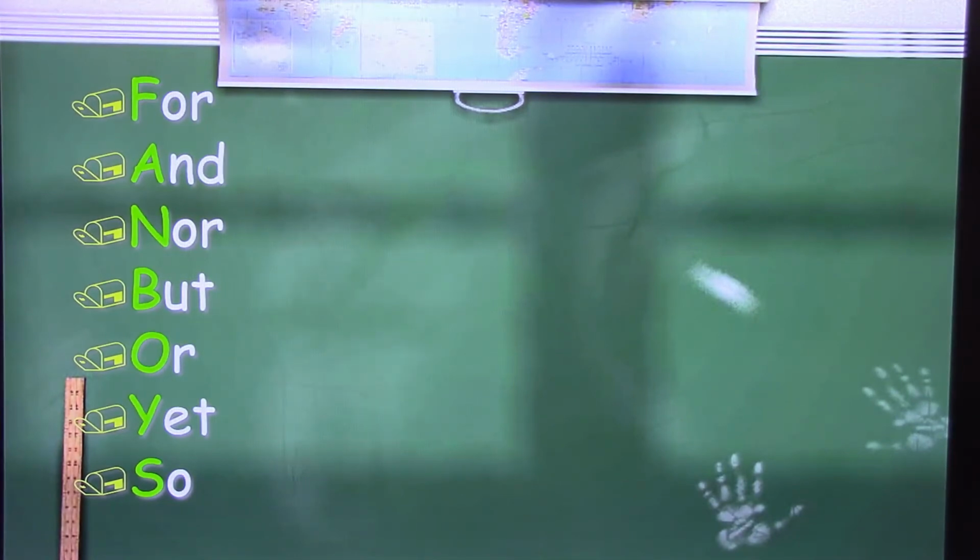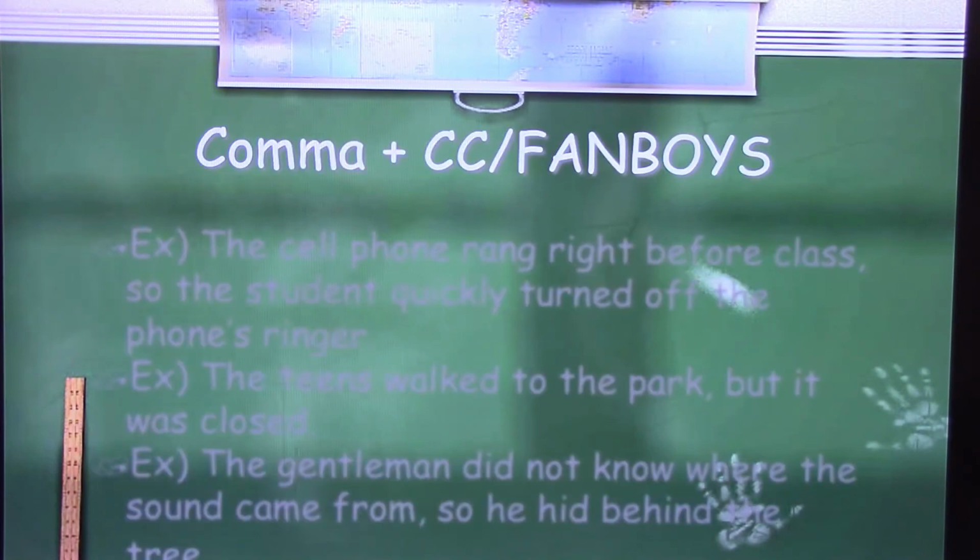I think now we need to get some examples of how to use a comma and a coordinating conjunction. Remember, the fanboys is just the acronym for the coordinating conjunctions. We're going to use a comma and a coordinating conjunction to join two independent clauses so that they may give us a compound sentence. Let's check that.